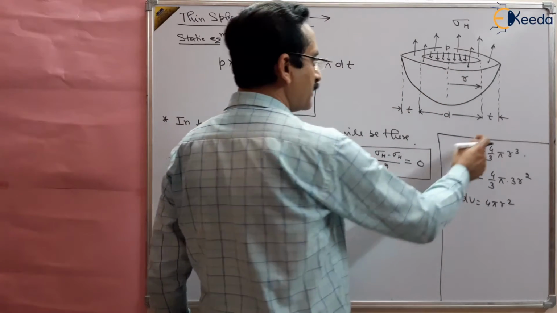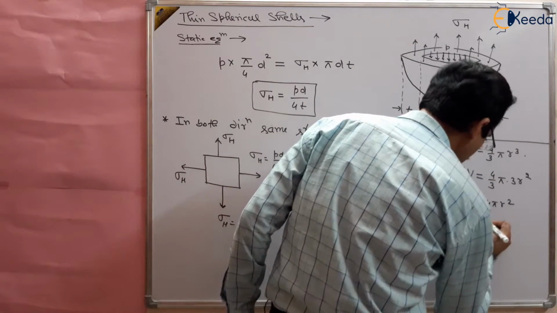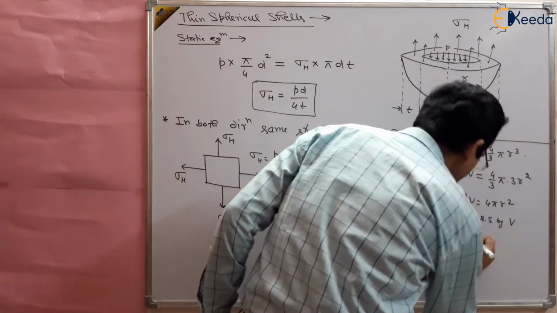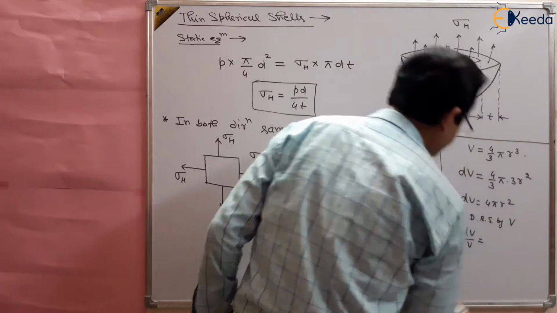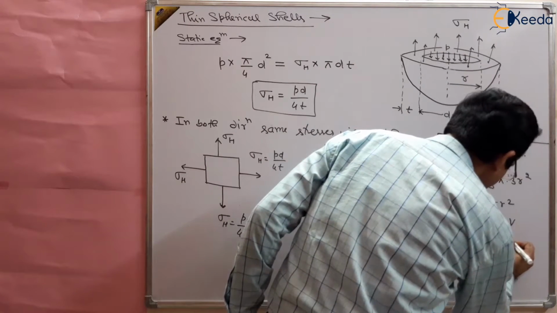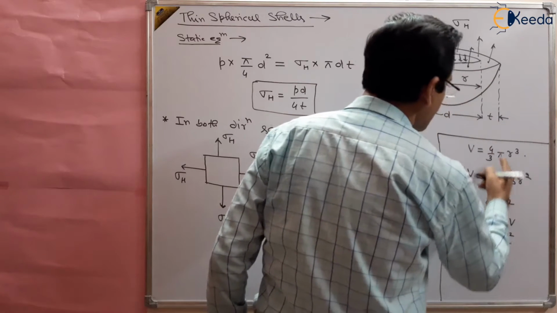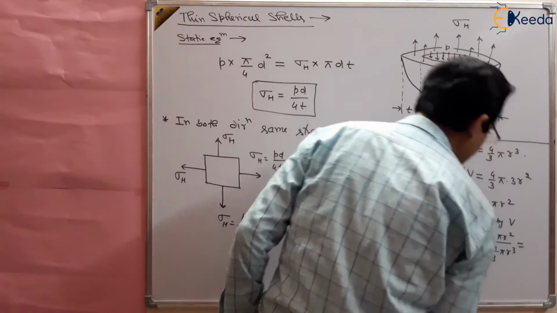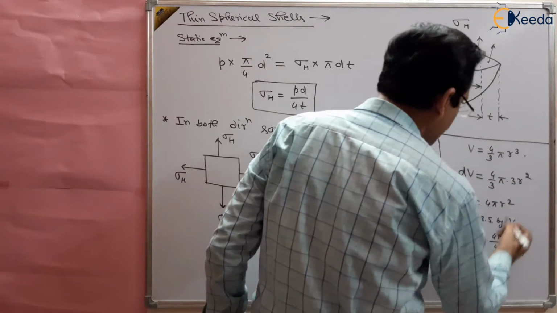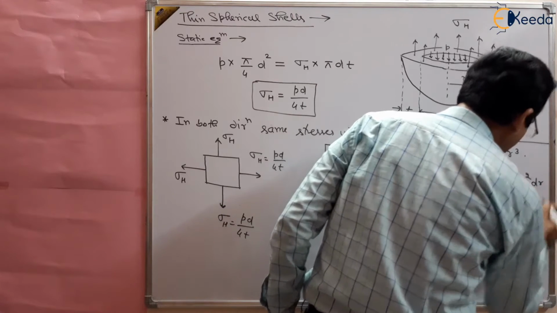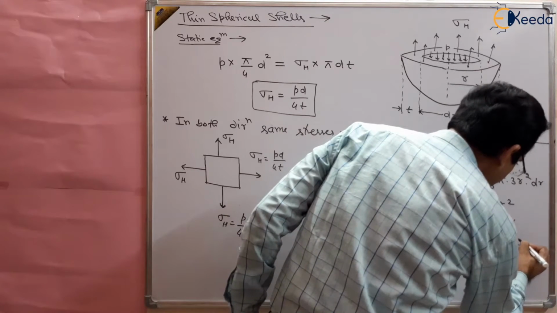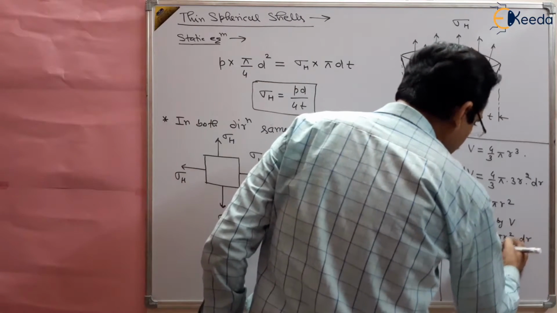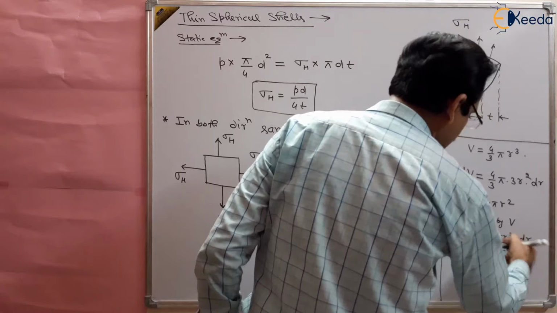And if we divide both sides by V, what will we get? We will get dV by V as 4 pi r square dr divided by 4 by 3 pi r cube. So this comes out to be 3 times dr by r.